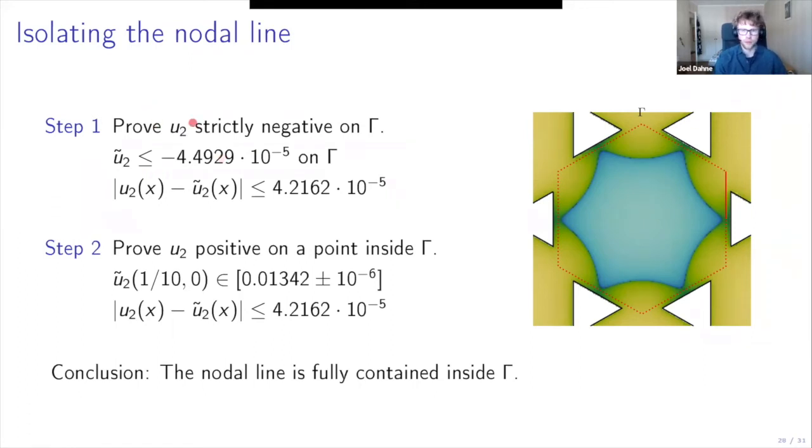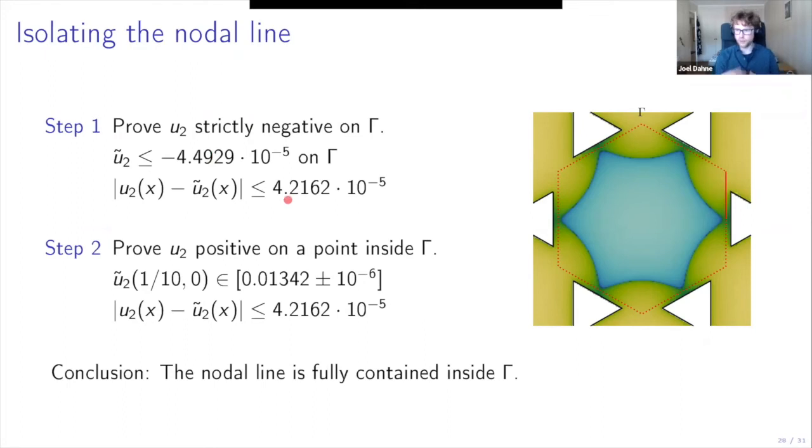This part is rather straightforward. We prove that U2 tilde, our approximation, is less than or equal to this number on gamma. We have our approximation, we can just compute the maximum on this gamma. It's not too hard. And then we just check that our L infinity bounds for U2 tilde is smaller than that. So notice that the absolute value of this is smaller than the absolute value of that.